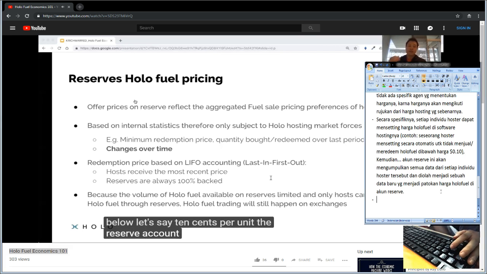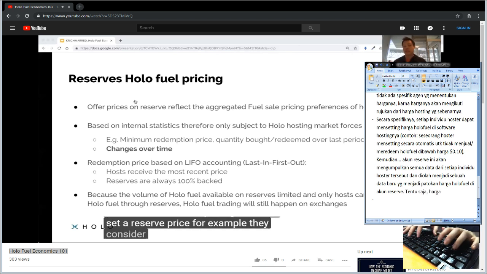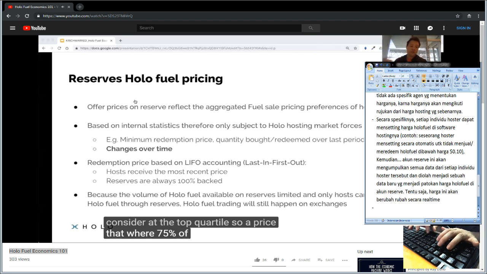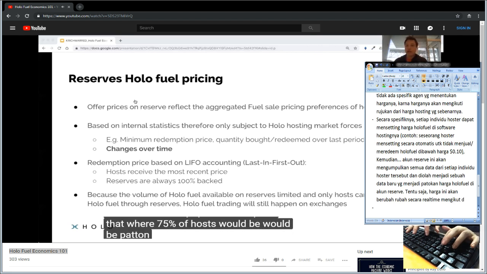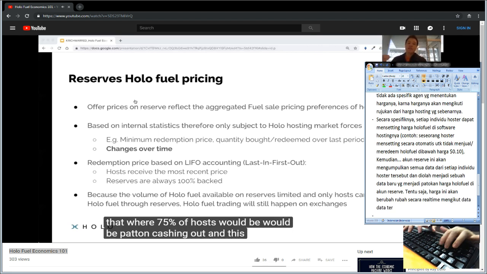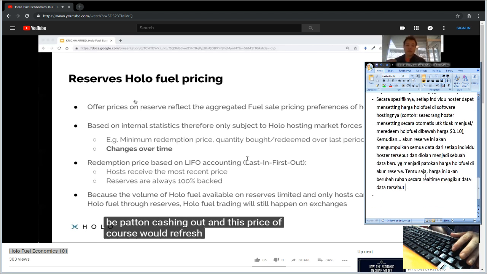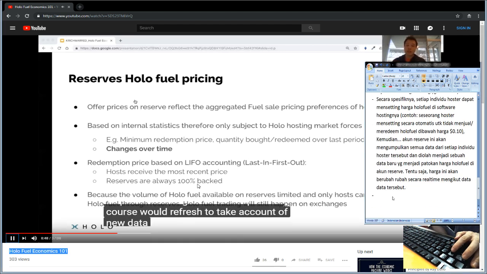The reserve account will collect data on all hosts' individual floor pricing and then set a reserve price. For example, they could set it at the top quartile, so a price where 75% of hosts would be happy cashing out. And this price, of course, would refresh to take account of new data.